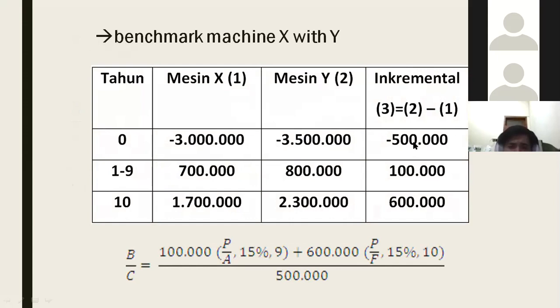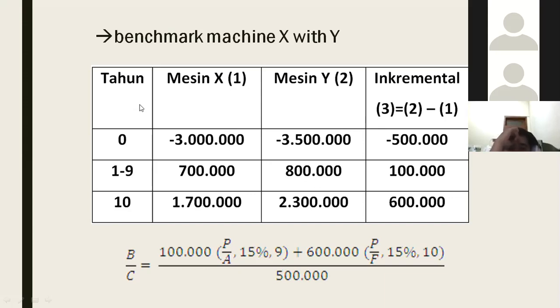It means at the beginning I have -1, and it's very normal because in the beginning you have to wait whether your investment is running in a positive result or getting a loss. And we have a constant number from the first period to the 9th period. It's just like the subtraction between machine Y and machine X.